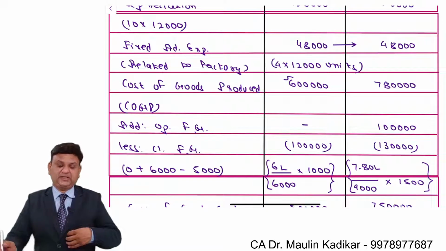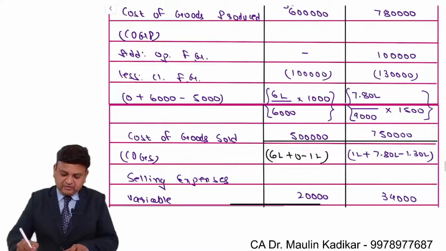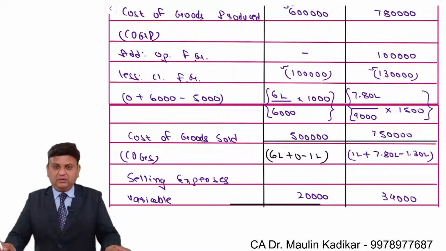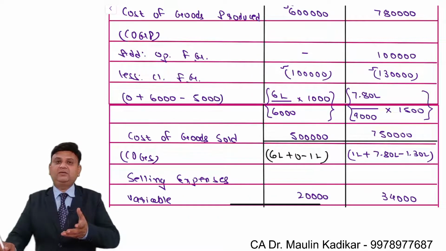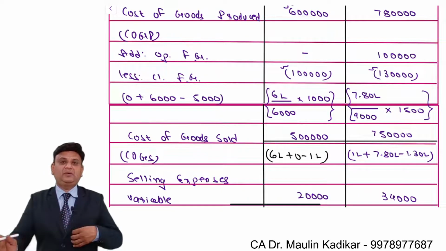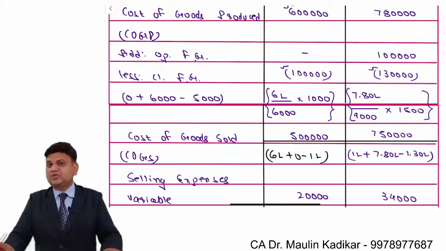Friends, you may have a point like this, that we already have calculated the finished goods. So are we supposed to take the same value? The answer is no. We are required to prepare a different working for the finished goods valuation. Dear students, the working capital requirement that we make over here is on cash cost basis.